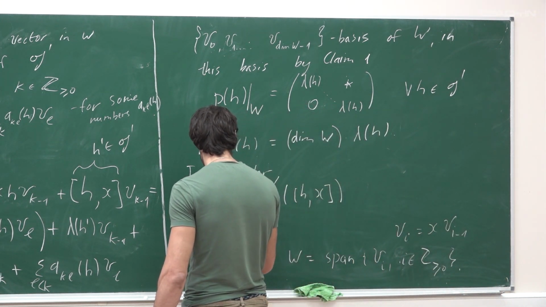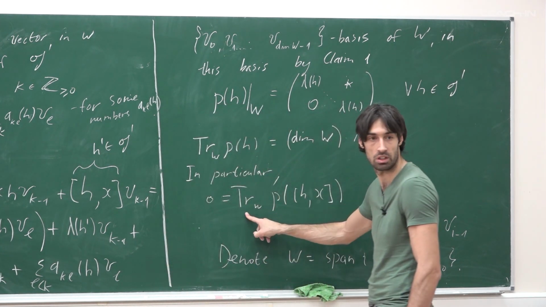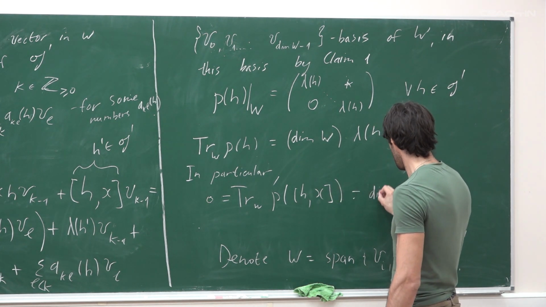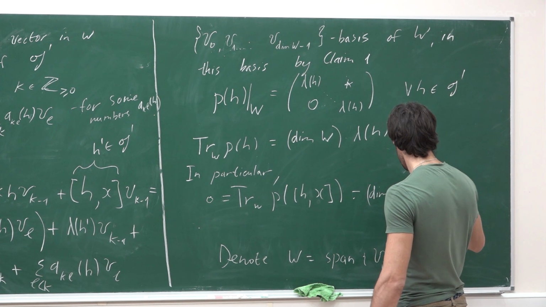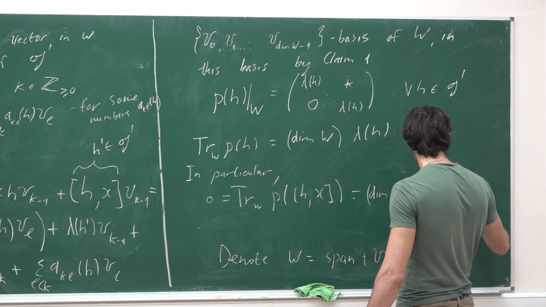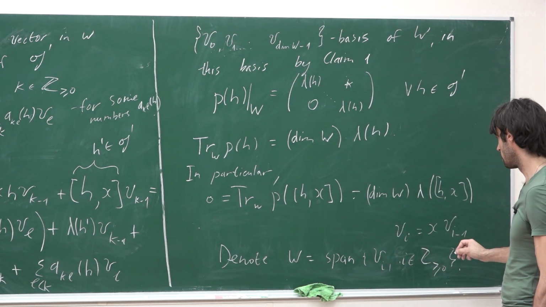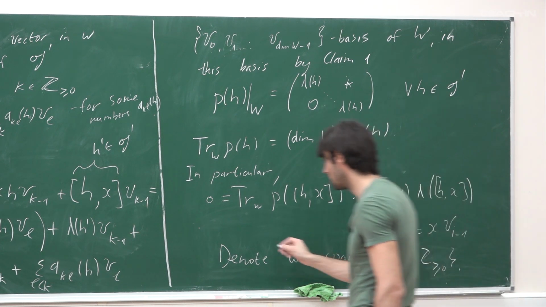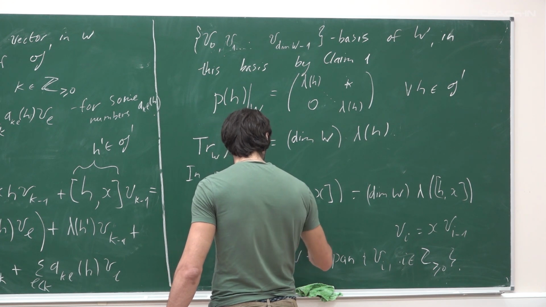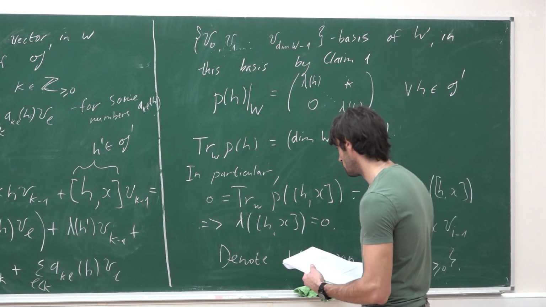On one hand it's just 0, right, because it's a homomorphism, so the trace of a commutator is 0. On the other hand, I can apply this formula and see that it's dimension of W times lambda of [h, x]. So therefore, lambda of this is 0. So this will help us in step 2.